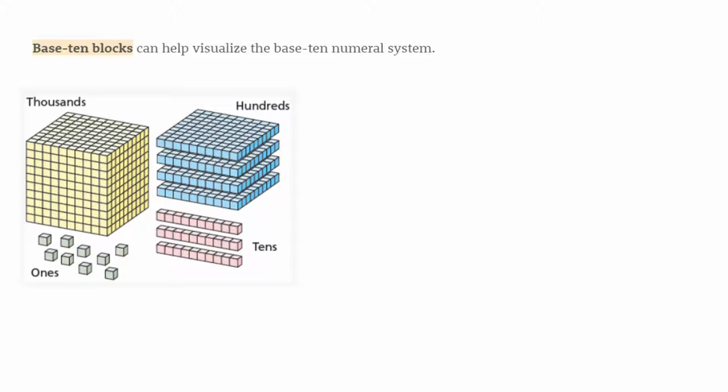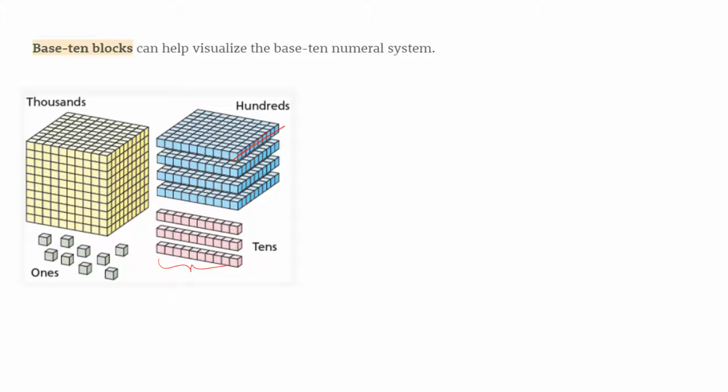So it looks kind of like this. I start out with the ones, and these are usually called small cubes. And then when I put 10 of those together, I get what's called a long. And then when I put 10 of those together, I get each of these, which is commonly called a flat.